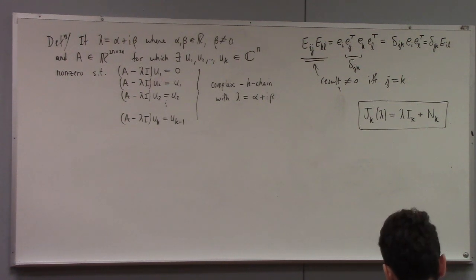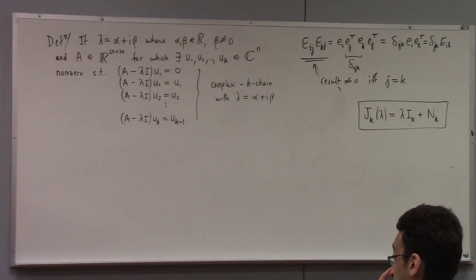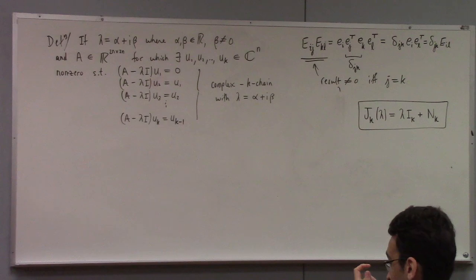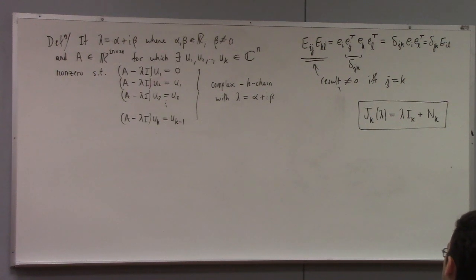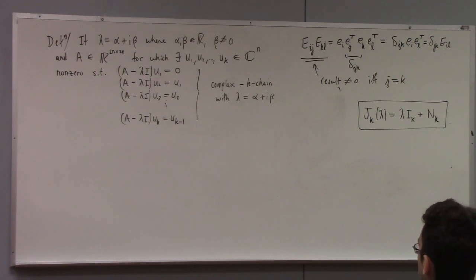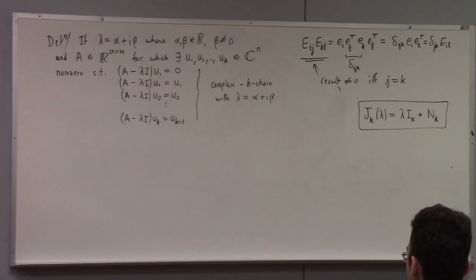So since A is real, what can you guys tell me immediately? If there exists a complex k-chain for eigenvalue lambda, what happens if you just take the complex conjugate of that stack of equations I just wrote? Think about this.